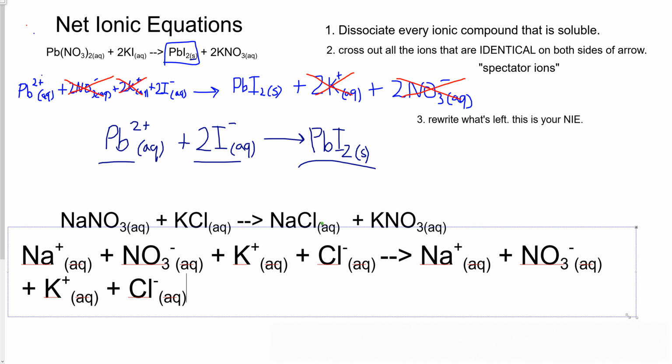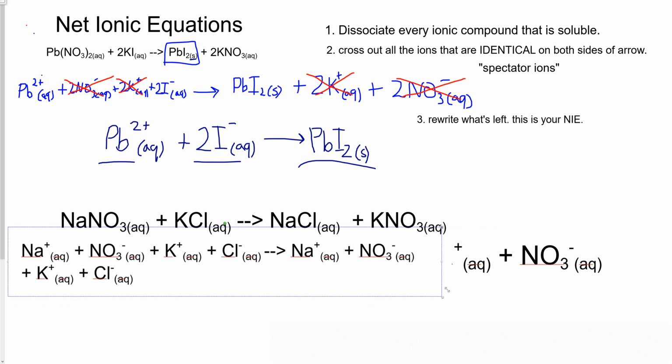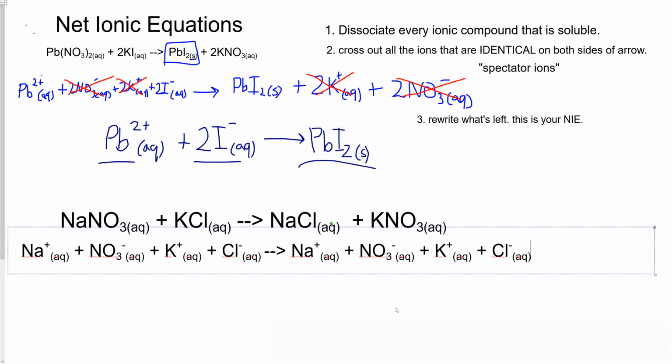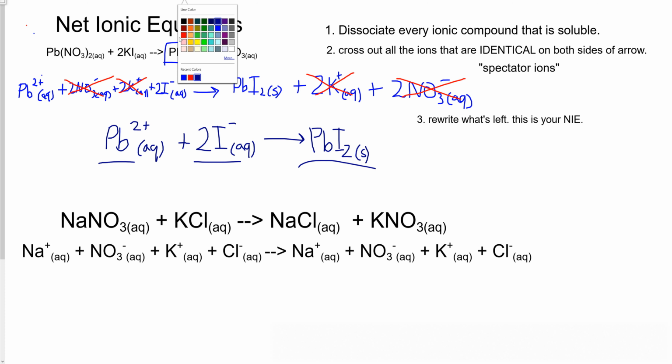So I'm just going to shrink this down so we have a little bit of space. And then we'll see what we have. Now, if you noticed, I copy pasted. The reason is that all of the things in this reaction are aqueous. So sodium, it's not doing anything. Nitrate, nothing.